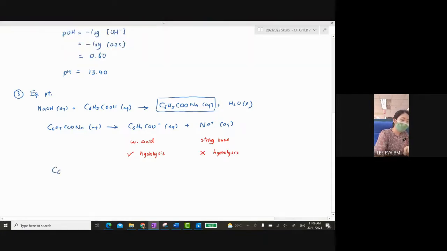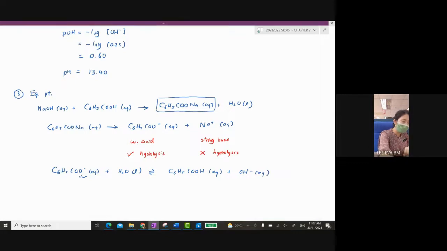Okay, so we have C6H5COO minus reacting with water. What is the arrow, is it single direction or reversible? Reversible. Hydrolysis is reversible, to give you C6H5COOH. Since the conjugate base takes the proton, the H2O remains with OH minus.